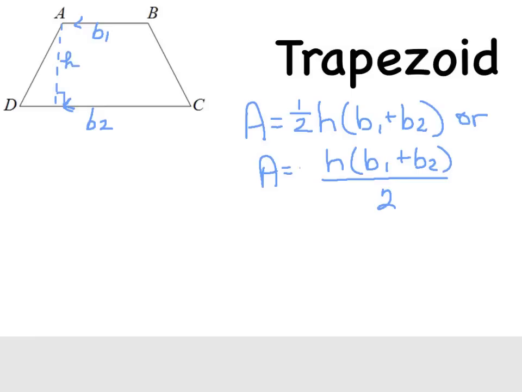And again, just as a review, what we're finding here is the space inside. We're measuring the space inside the trapezoid. Okay, so now that you have your three formulas, I think we're ready to practice. All right, number 1.